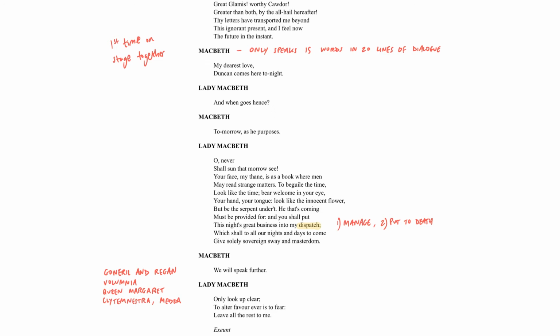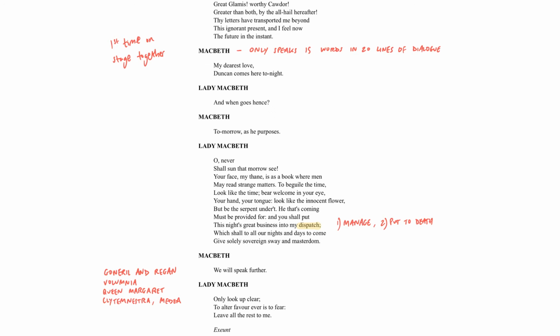Has he mentioned anything about killing Duncan in the letter? No. We know from before he appeared on stage that she's just spent the last 20 lines or so thinking about exactly that. So when he says as his first remark, Duncan comes here tonight, it's as if he knows she has been thinking about Duncan.